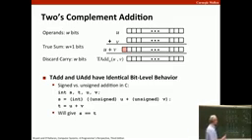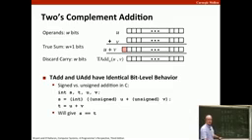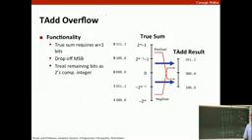So this is referred to as positive overflow. We've taken two positive numbers and added them together and gotten a negative result. You can see this if you think about this addition: 7 and 5 would be 12, and this is the bit level representation of 12. It's just that because this is now the sign bit, we think of that as minus 4, not positive 12. And so that's the idea of two's complement overflow.